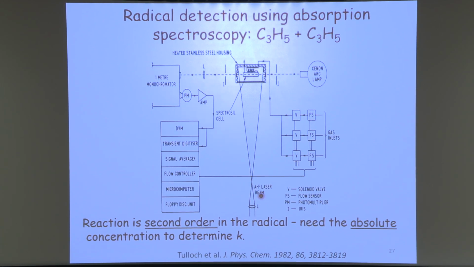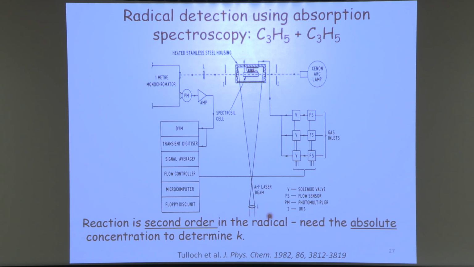They use an argon fluoride excimer laser to illuminate this whole volume, and they put a precursor in that can break and make allyl radical. For example, diallyl: if you have the right C6 molecule, it has a weak bond in the middle that can break to make two allyl radicals.